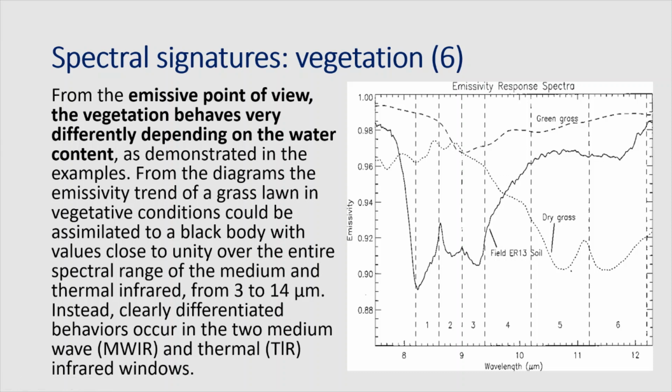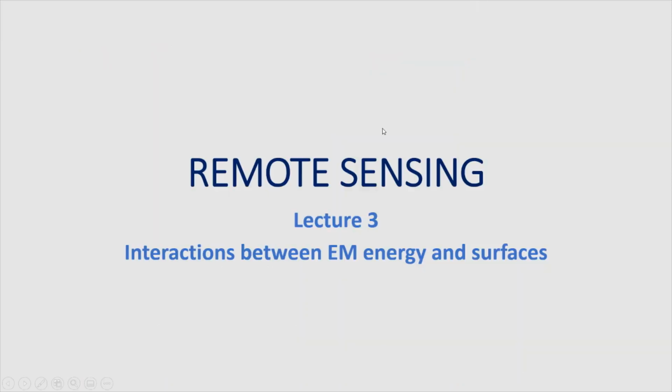Of course, it's important for agronomy, but it's also important to understand if there are areas prone to forest fire, where dry grass or dry trees are more prone to fires than the same species with a higher content of water.